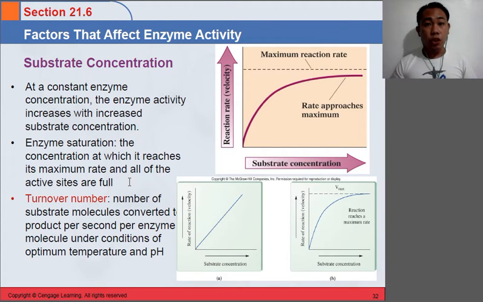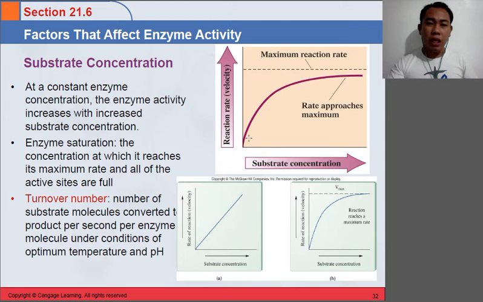And we have the term turnover number. The turnover number is the number of substrate molecules converted to product per second per enzyme molecule under conditions of optimum temperature and pH. So in this illustration, the reaction rate or the velocity of the reaction increases as the substrate concentration increases.